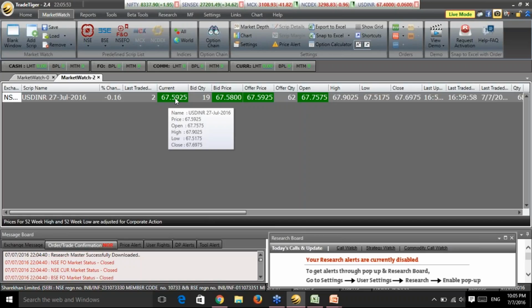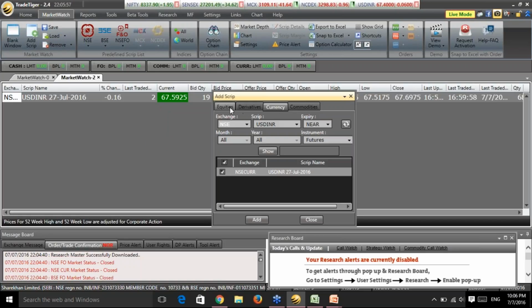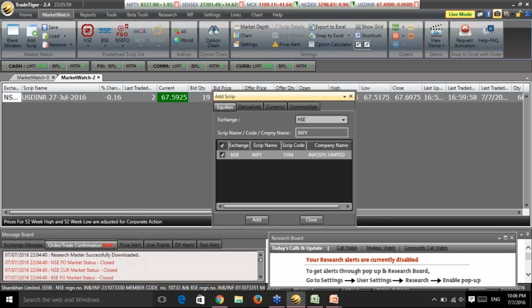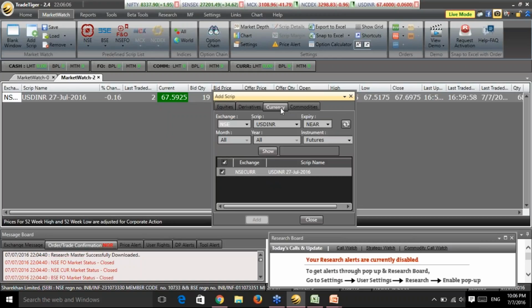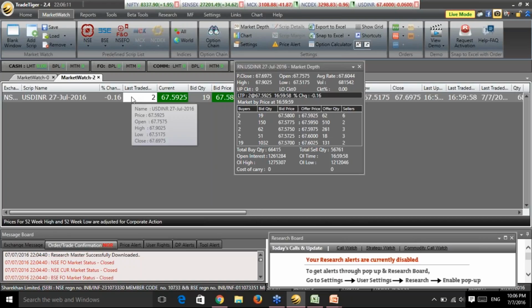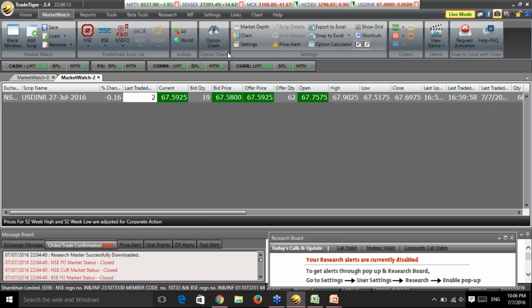In fact, it's not the spot price, it's the currency derivatives price. Let me see if I have a spot here. No, we don't have spots. For spot, you have to take the RBI reference rate. Anyway, this will work as a spot. Same process. Now I want the option chain for this.